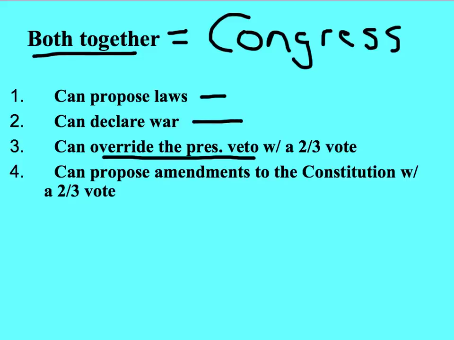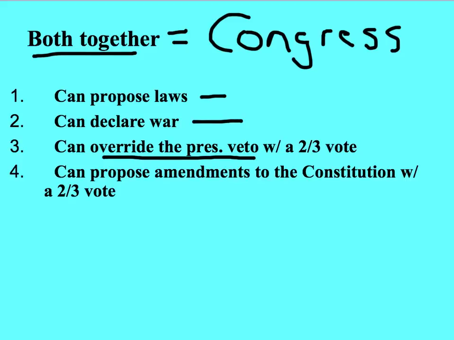So 2/3 of them, which is 66.66666% of them, which is like 350 something, 352, I think. If 350 or so of them vote to say, no, we really do want this bill, we want this to be a law, they can override the president's veto and it becomes a law.